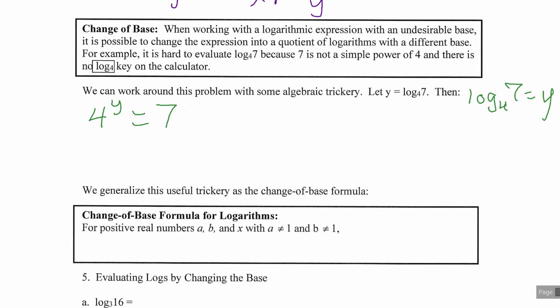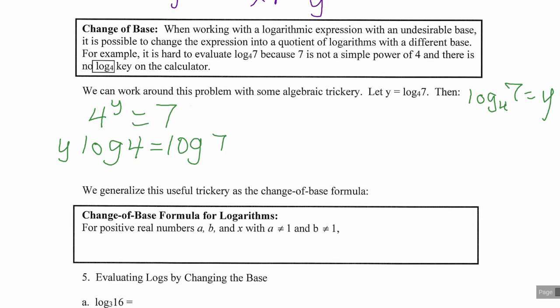We solved things like this before break, where we looked at this. Remember, in order to pull that y down, we took the log of both sides, so that way we could put our exponent out in front. And that's how we solved logs algebraically right before break. So I can take the log of both sides, and that's going to move that y out in front. So this would become y log of 4 equals the log of 7.